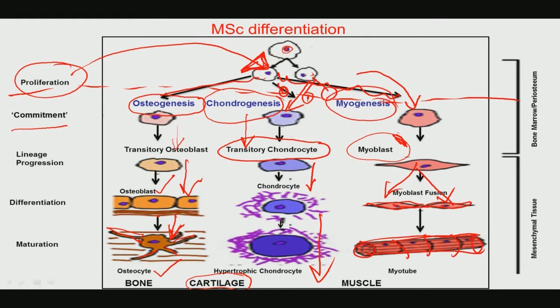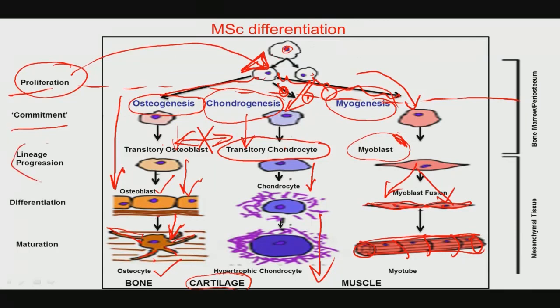It cannot suddenly go from a transitory osteoblast to a transitory chondrocyte. This kind of thing is not a reversible process, so I have just marked a cross there. Once it is committed, then it will ultimately form osteoblasts and osteocytes if it is committed along this lineage. That is called commitment.